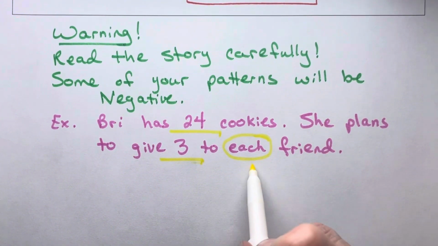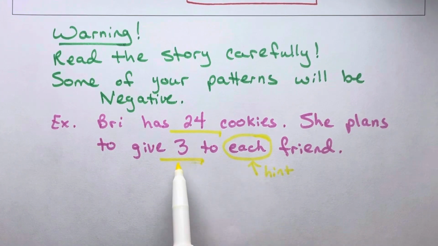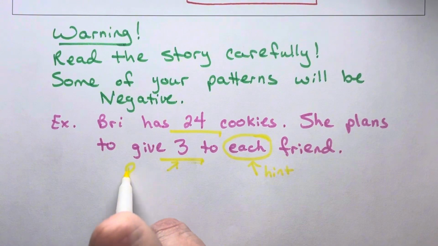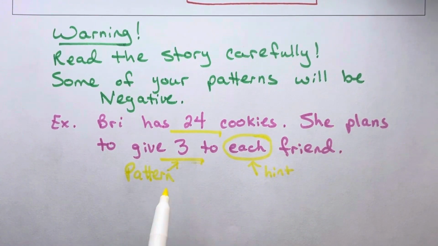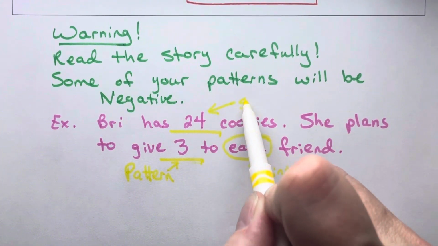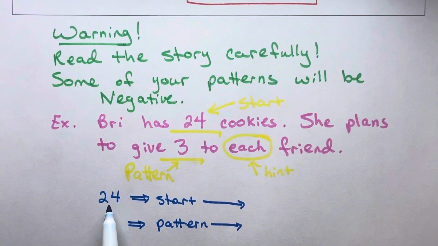This is our hint. And since 3 is the pattern as a result of the hint, we know that 24 is what she had at the start. Okay. But we are giving things away. 24 cookies is what she has at the start of this story. This is what she has in her hand.